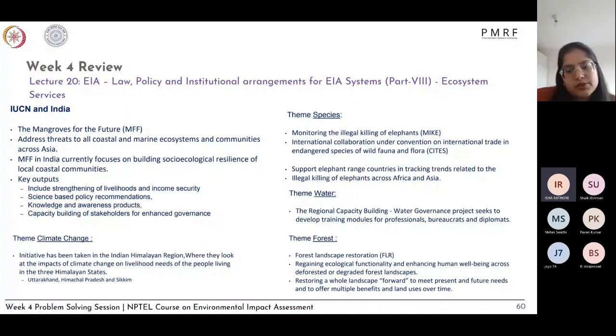And then in terms of water, we identified the regional capacity building, which is water governance projects being undertaken because India does face water scarcity at several rural levels.